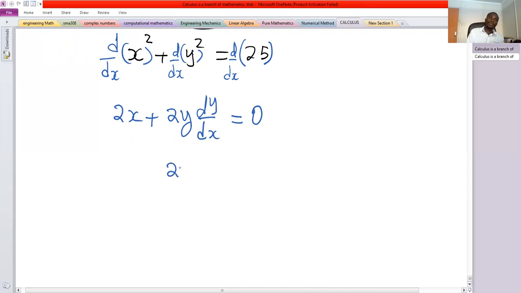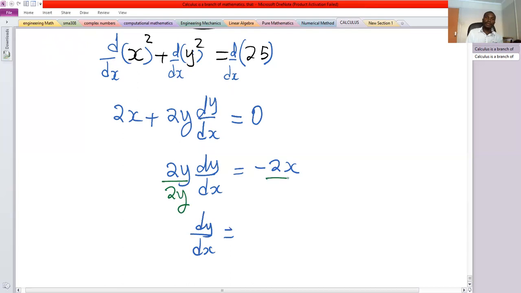Now we have 2y dy/dx. Take the other term to the right to be negative 2x, and dy/dx will be simply given by dividing both sides by 2y. So this and this cancel out. This will be negative x over y.